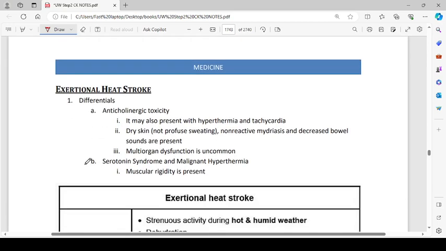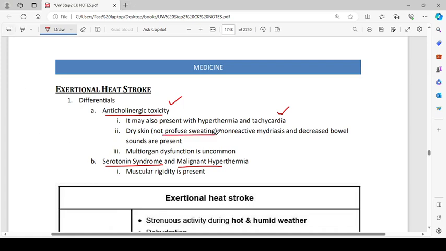The next thing is exertional heat stroke. The differentials include anticholinergic toxicity, serotonin syndrome, and malignant hyperthermia. Anticholinergic toxicity may also present with hyperthermia and tachycardia. Anticholinergic like atropine toxicity has a mnemonic: dry as a bone, hot as a hatter, and so on.